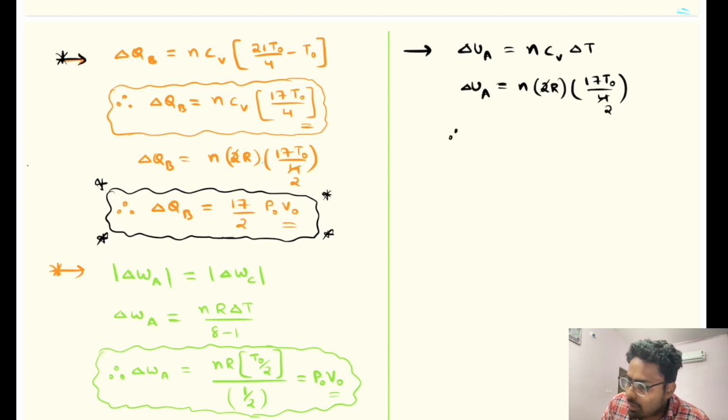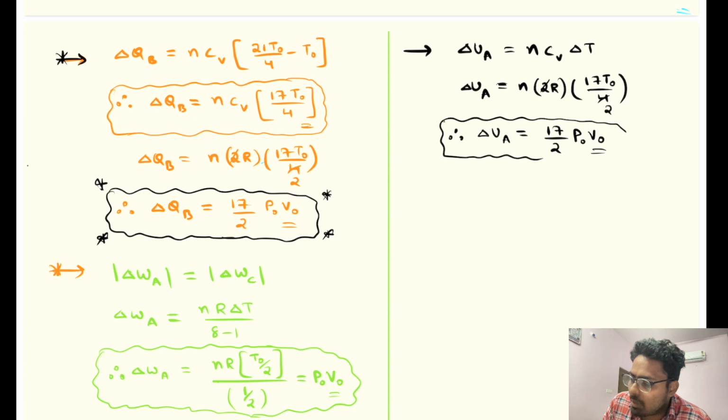So therefore delta UA is equal to nRT naught, which can be replaced with P naught V naught. So 17 by 2 P naught V naught. So this will be the change in internal energy in compartment A.